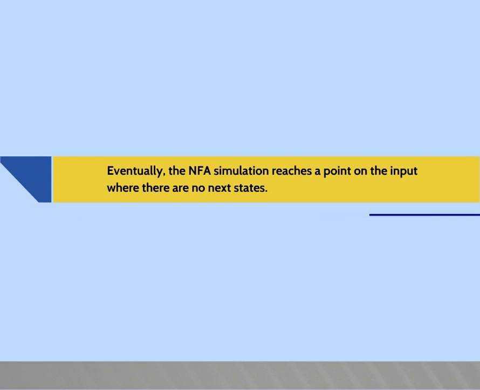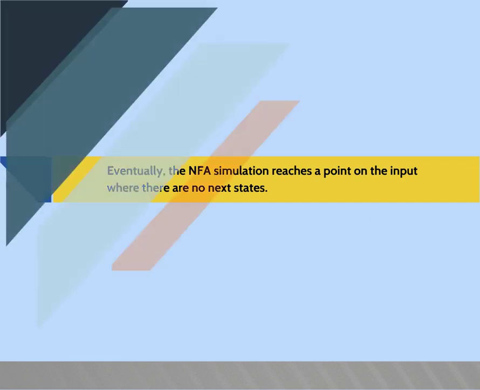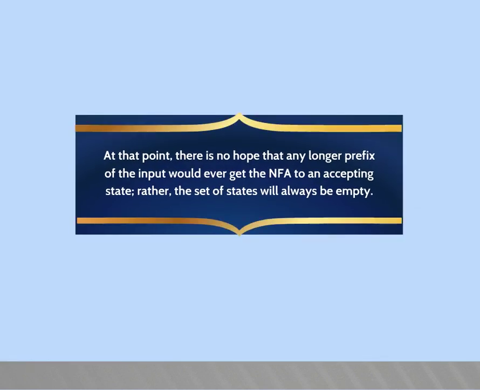Eventually, the NFA simulation reaches a point on the input where there are no next states. At that point, there is no hope that any longer prefix of the input would ever get the NFA to an accepting state. Rather, the set of states will always be empty.